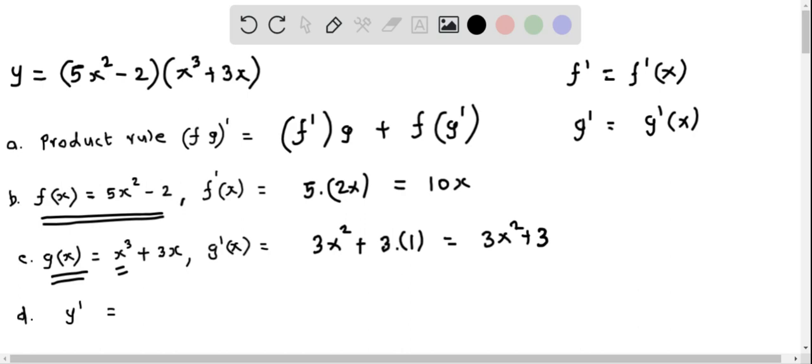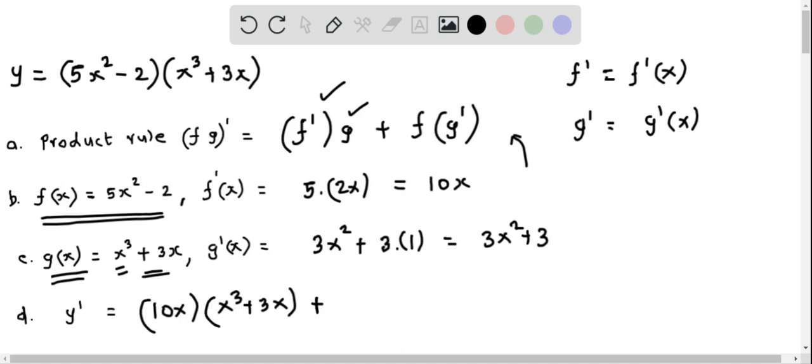We then substitute into the derivative formula for the product of two functions. So first I'm going to write down y prime equals the derivative of f, which is 10x, times the g function, which is x cubed plus 3x. So I will write x cubed plus 3x here.